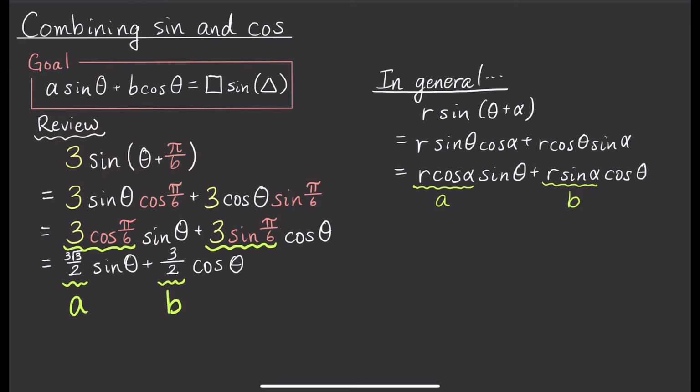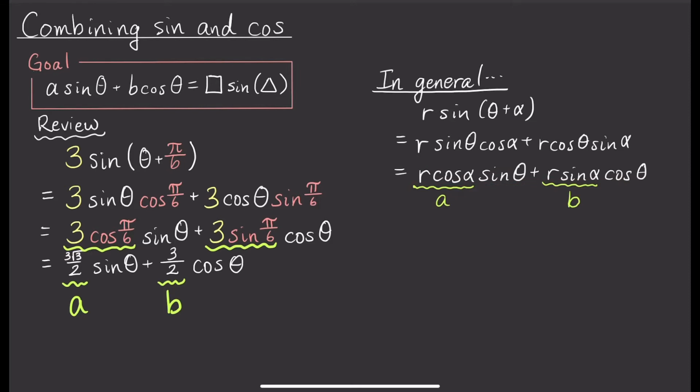So in general, using the sum formula, we can express r sine of theta plus alpha as r sine theta cosine alpha plus r cosine theta sine alpha. If we rearrange the terms, we get r cosine alpha sine theta plus r sine alpha cosine theta.